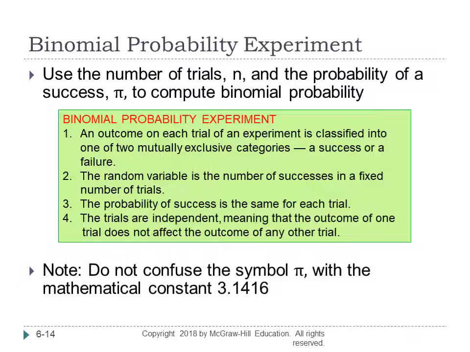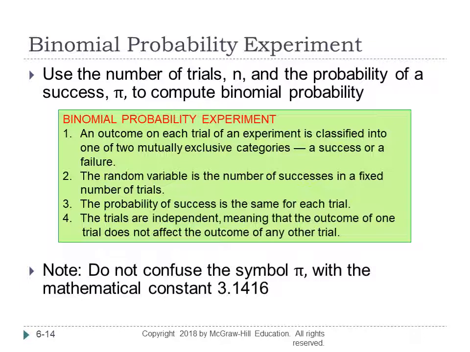Here are the conditions listed now as a definition for the binomial probability experiment. An outcome on each trial of an experiment is classified into one of 2 mutually exclusive categories, either success or failure. The random variable is the number of successes in a fixed number of trials. You are doing the experiment n times, you count the number of successes.